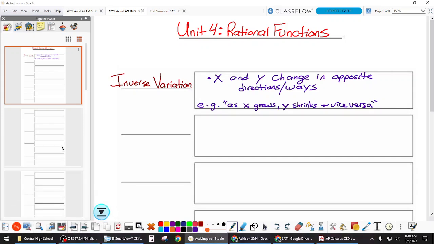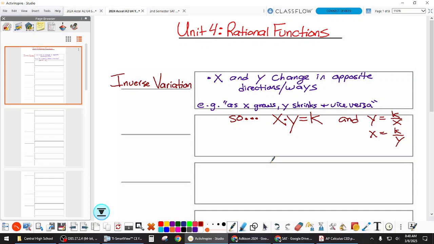What this creates is a circumstance, and you saw me write this a bit ago, where we can write x times y equals k. And if we solve for either x or y, y equals k over x, x equals k over y.